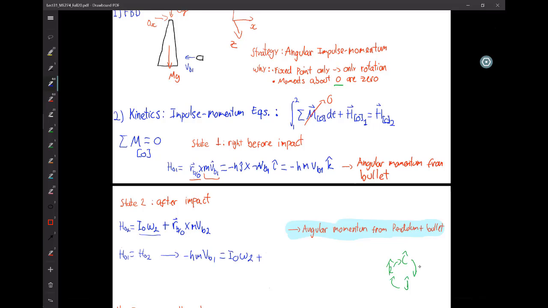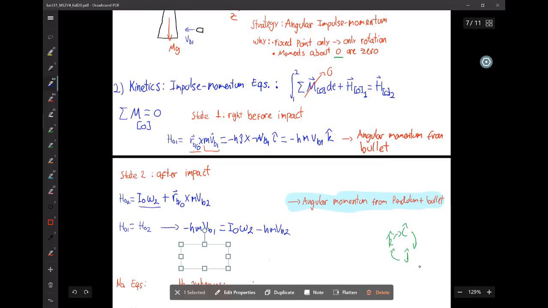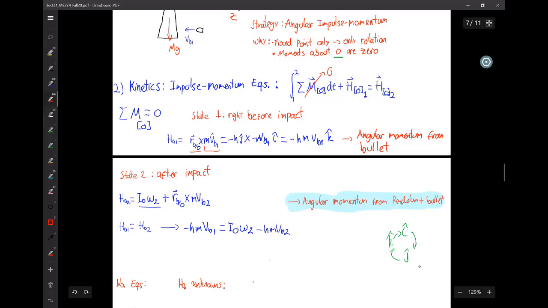But it's just that the speed is different, so it's negative. And this is going to be our equation number 1.